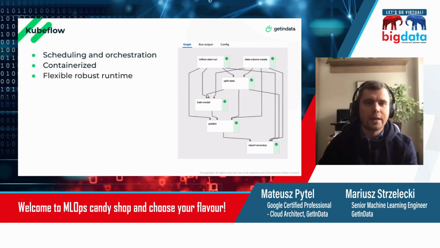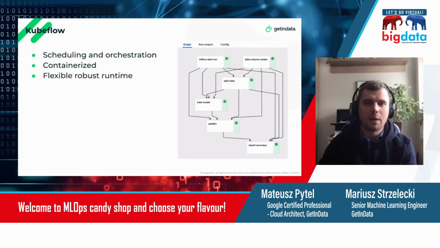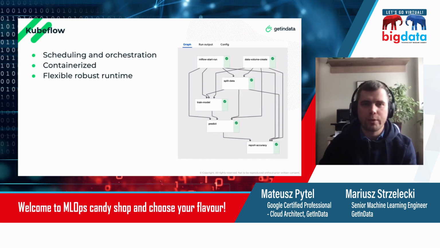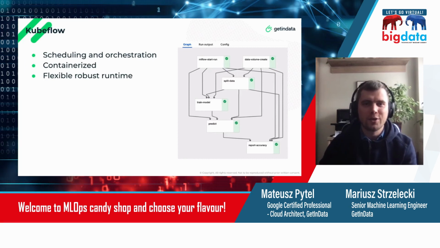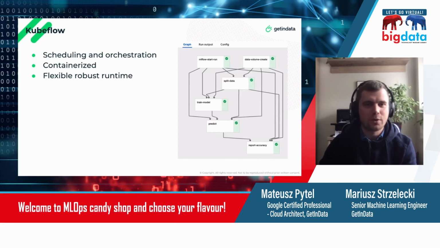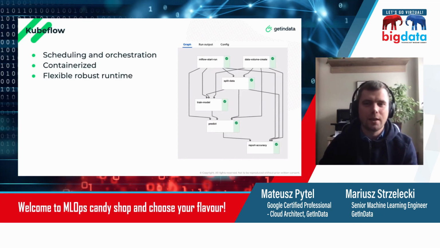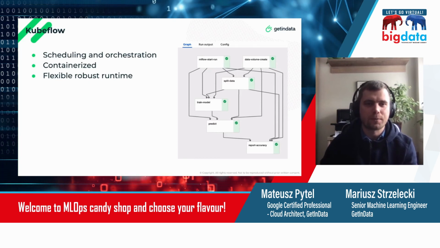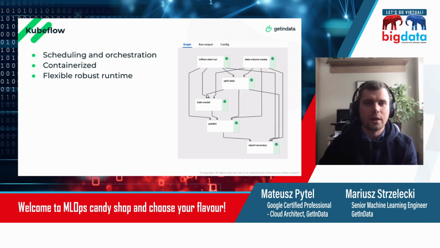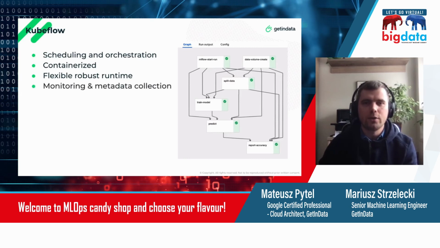It's a pretty flexible runtime because each step is running in a separate pod. There's no problem with plugging GPU to one of them or using extra memory settings just to give your pipeline a boost. So this is the automation tool.